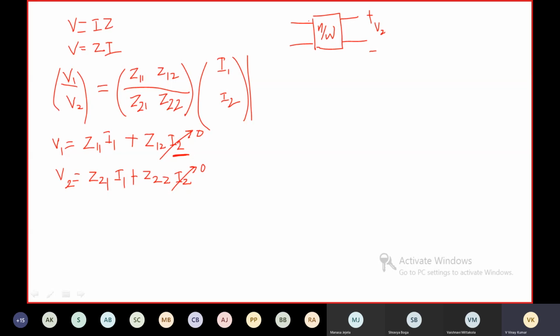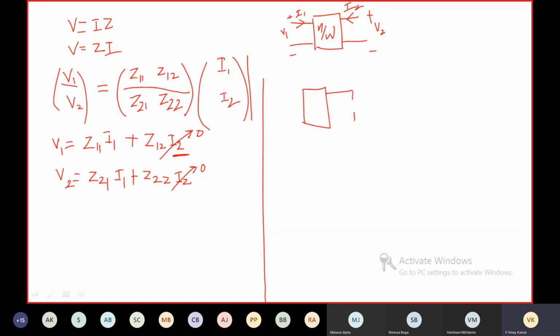V1 is at port 1 and V2 at port 2, with currents I1 and I2. Making I2 zero means open circuiting port 2.